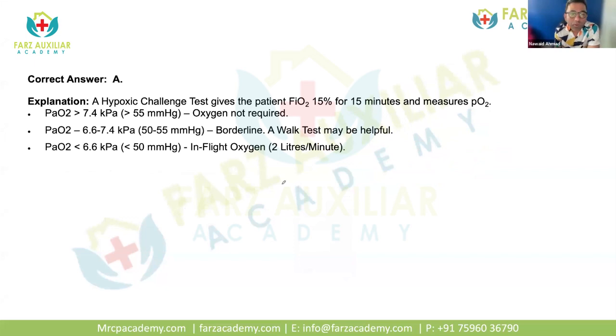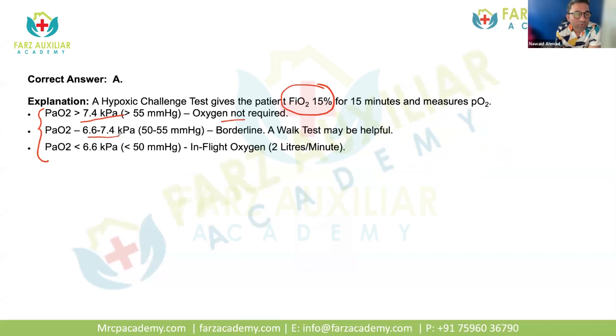So the hypoxic challenge test gives the patient a FiO2 of 15% for 15 minutes and measures the PO2. And these are the criteria here. If the PaO2 is more than 7.4, they will do a capillary blood gas, then no oxygen is required.